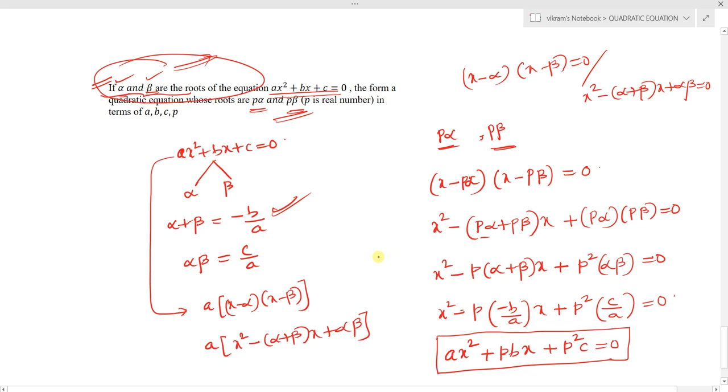I think now you are able to understand how to solve the basic problems of quadratic equations, if the nature of the quadratic equation is given and if the roots of the quadratic equation are given. This is the way of finding the solutions from the basics of quadratic equations. Thank you.